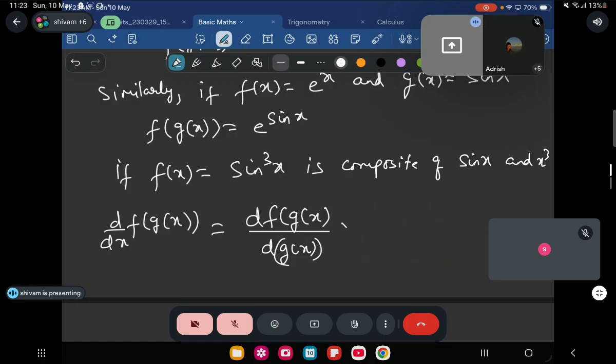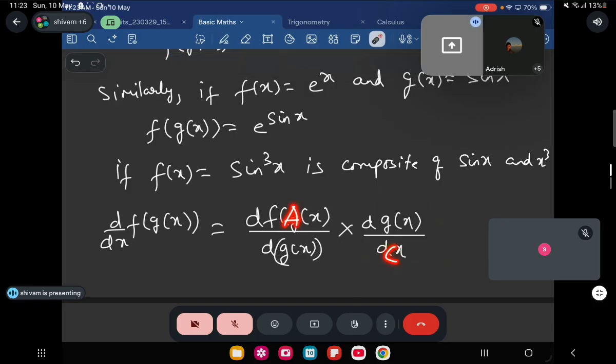Then you multiply by d of g of x with respect to dx. Is it clear or not? See, it is like forming a chain: a by c is equal to a by b multiplied by b by c. Now see, this works. So this is what chain rule is composed of. Is it clear? Anyone?